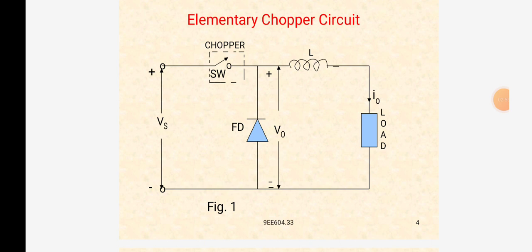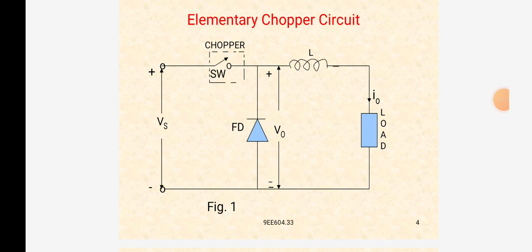The basic chopper circuit shows that a chopper is a high speed on or off semiconductor switch. It connects the source to the load and disconnects the load from the source at a fast speed.